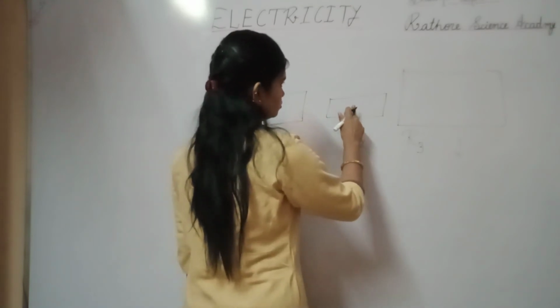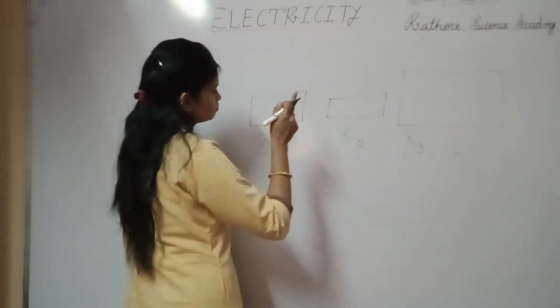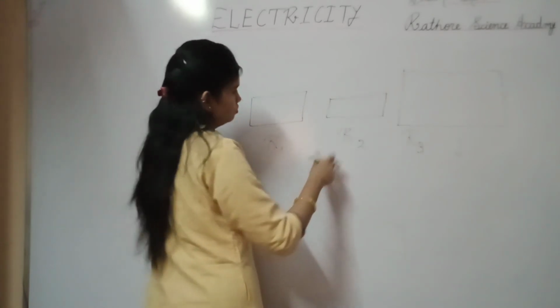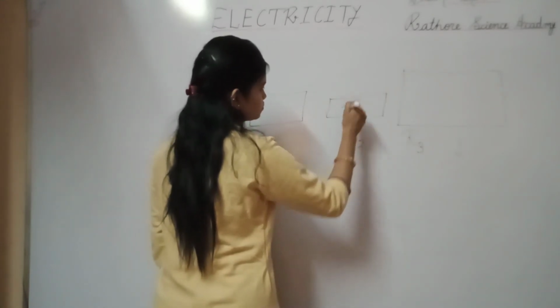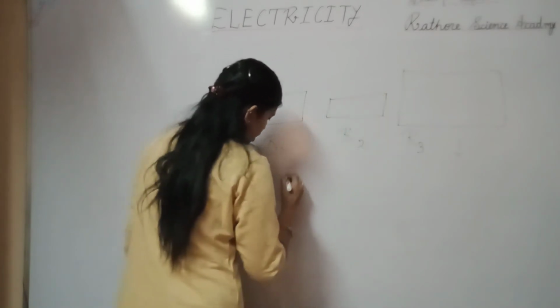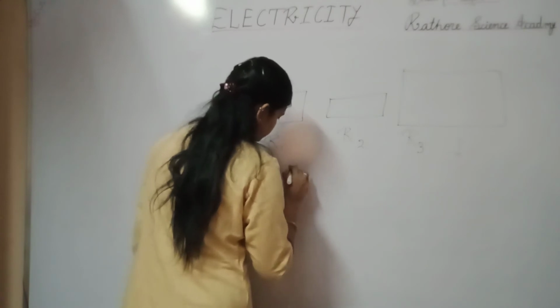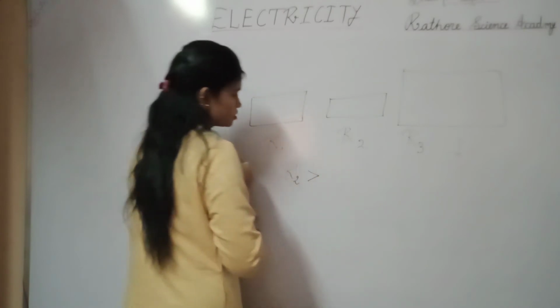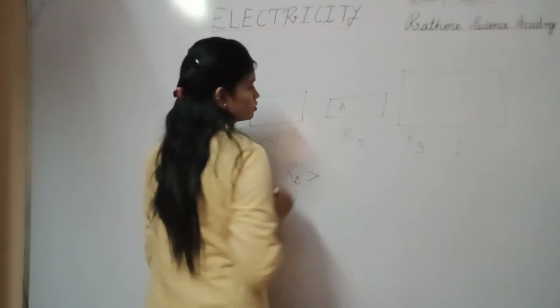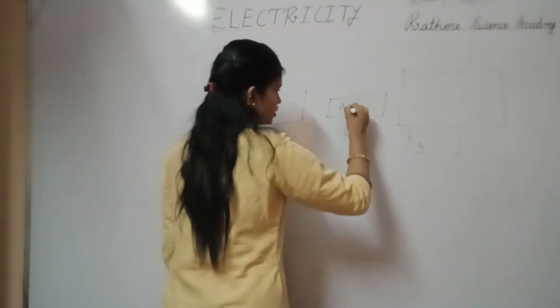And here the area of cross section is very less, among these 2. So R2 has very high resistance, because its area of cross section is very low.